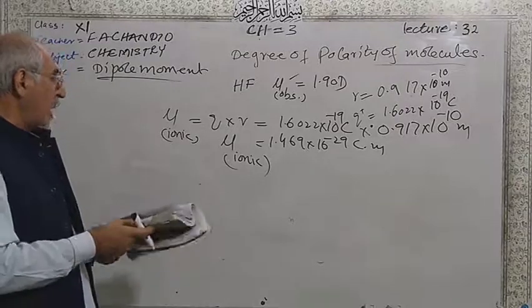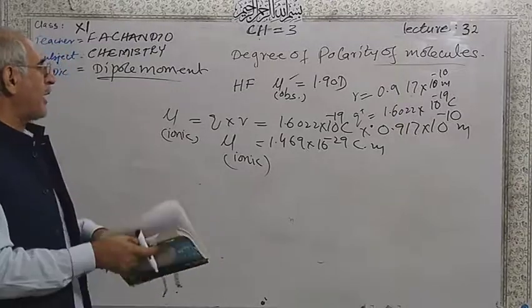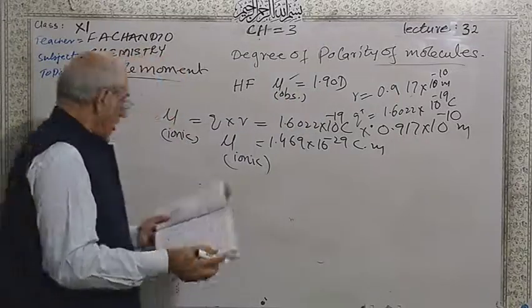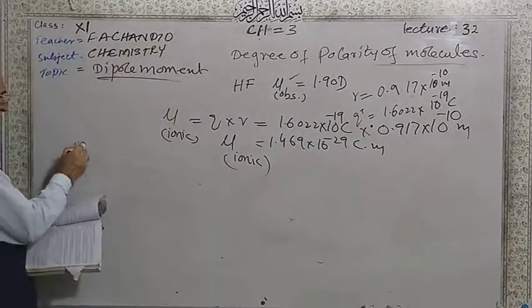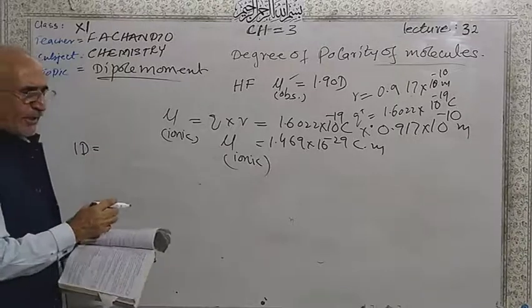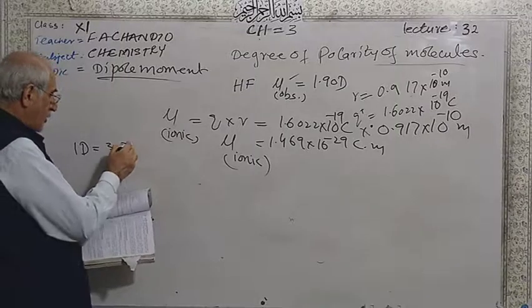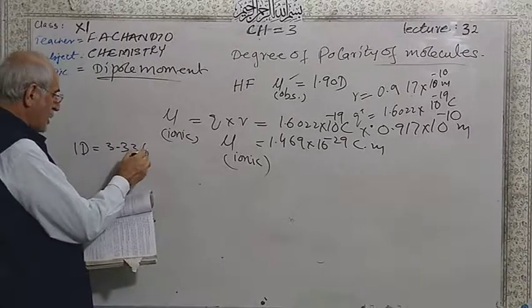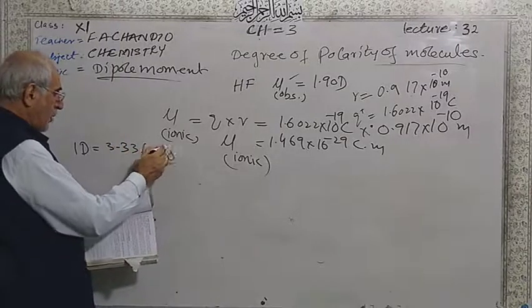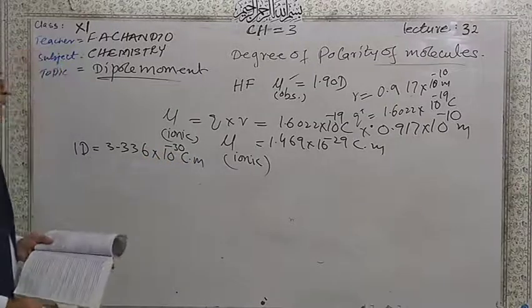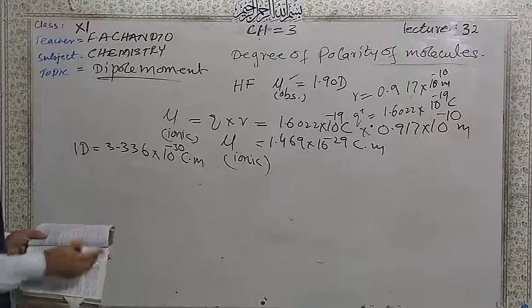Now students, after calculating this, the dipole moment is in this form. So you have to use 1 D, which is a given constant, 3.336 into 10 raised to the power minus 30 coulomb meters.